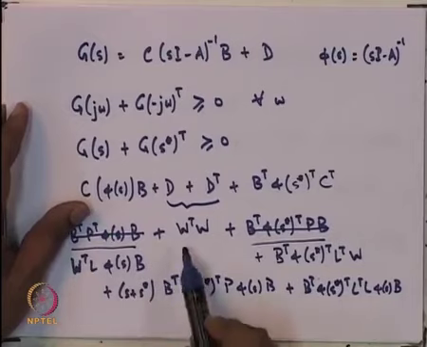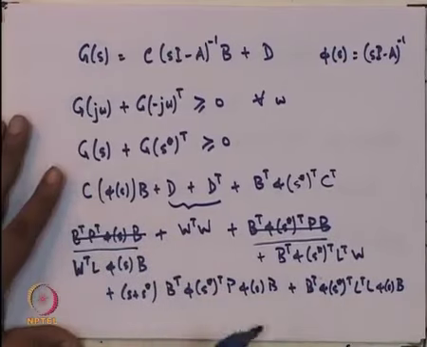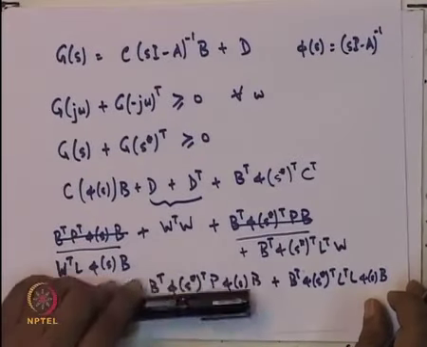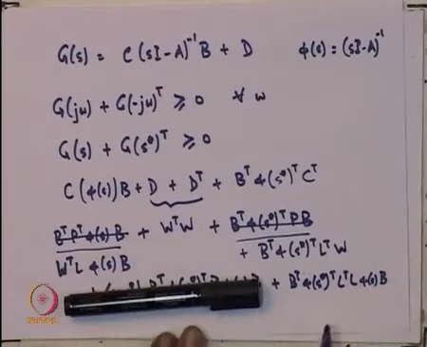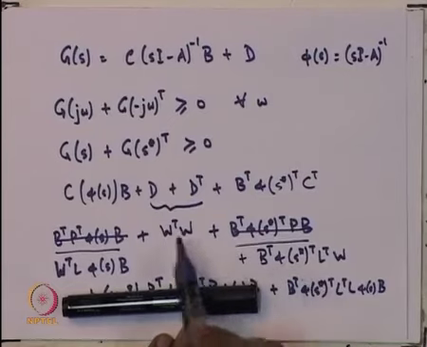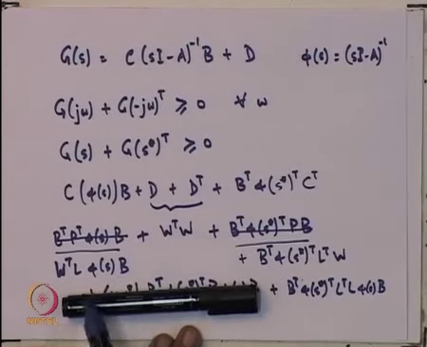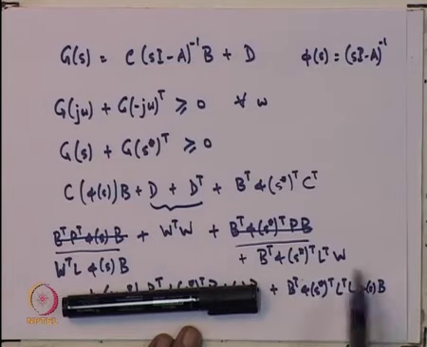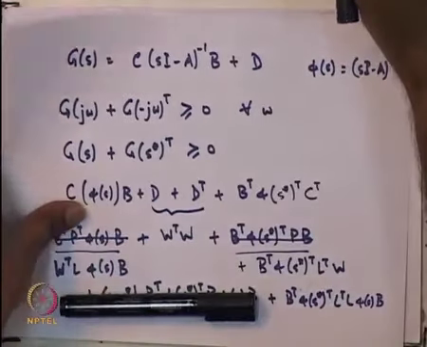Now let's forget this one term, and look at the other 4 terms. If you look at the other 4 terms, you see W transpose appearing in 2 of the terms and W appearing in 2 of the terms, and so you can write this as a sum of squares. Let me write that as a sum of squares in a fresh slide.